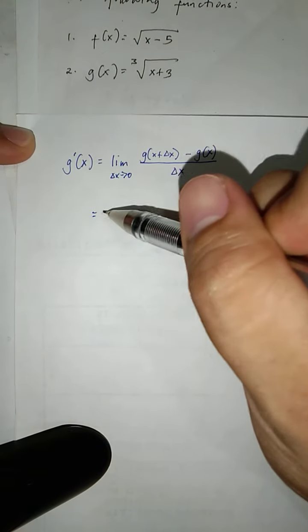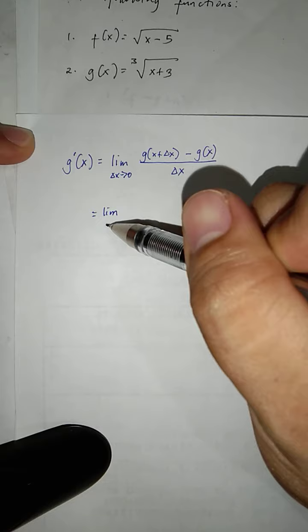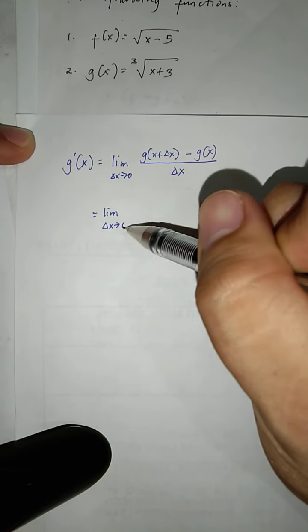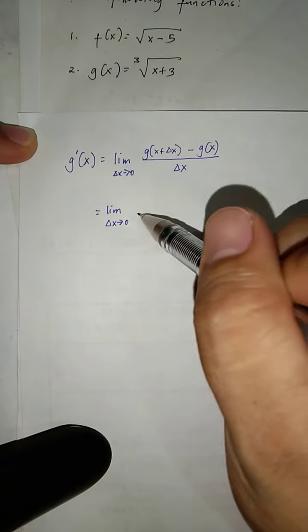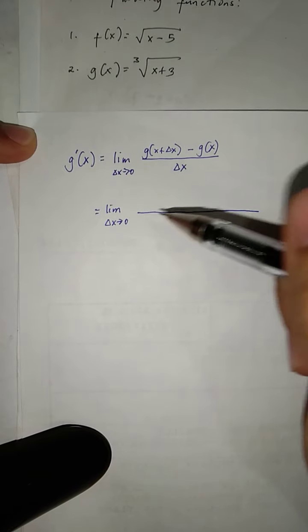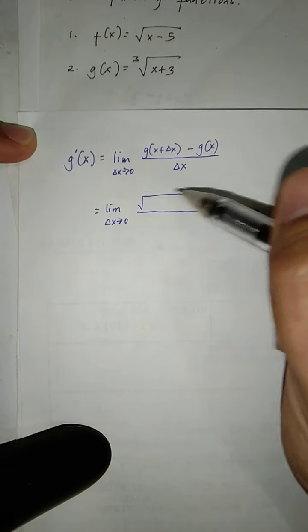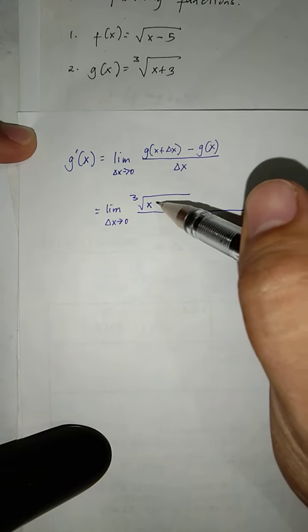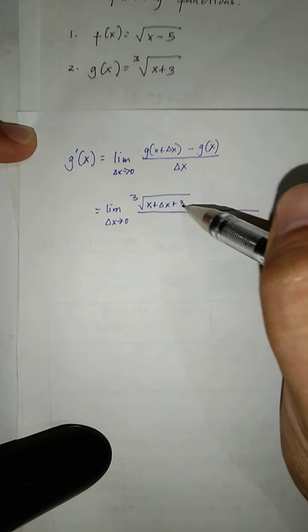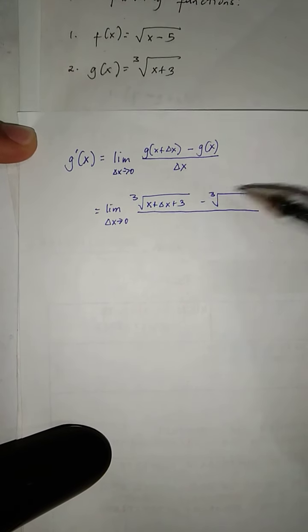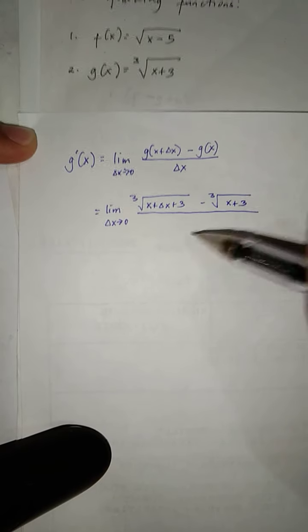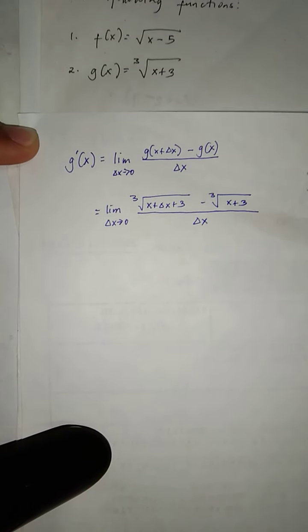Okay, so just like with our previous example, we will replace with the actual variables. So you have here cube root of x plus delta x plus 3 minus cube root of x plus 3, all over delta x.